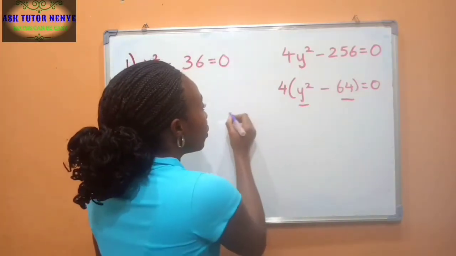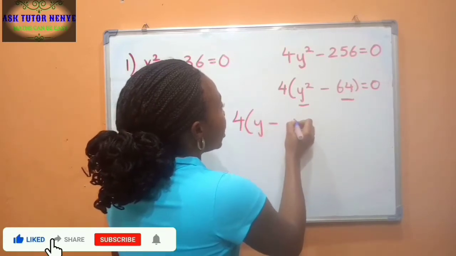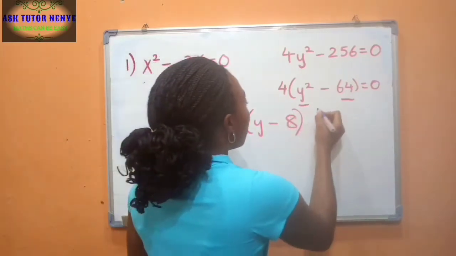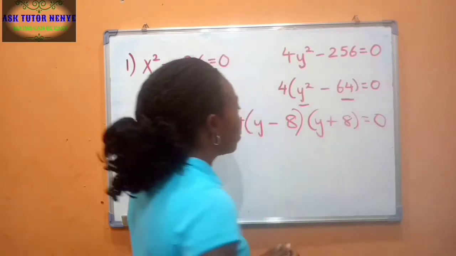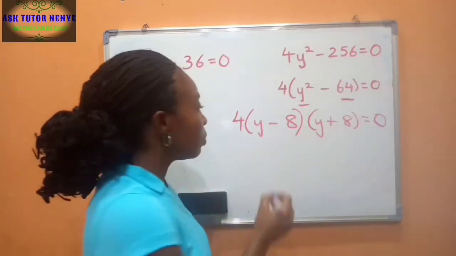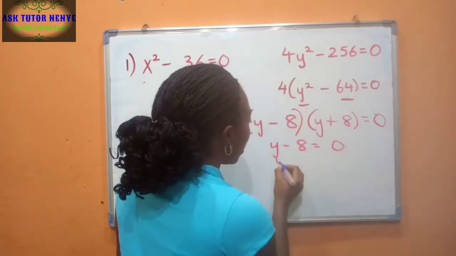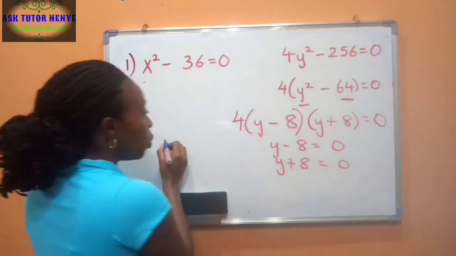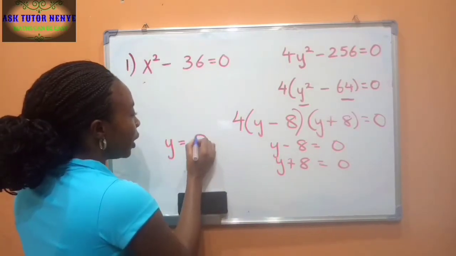So we're going to have 4 times y minus 8, okay, finding the square root of each of them. And then we have y plus 8 equals to 0. So now we've gotten this, we simply do the same thing. y minus 8 equals to 0. y plus 8 equals to 0. y is equals to 8.